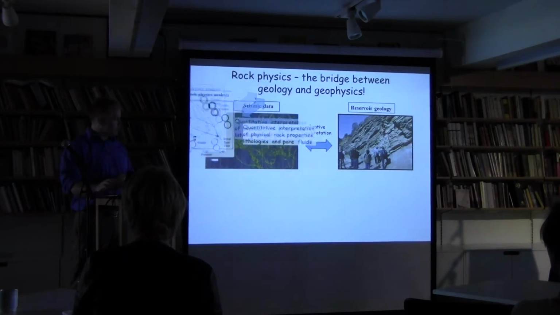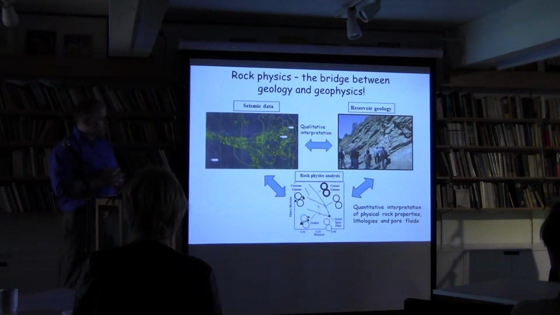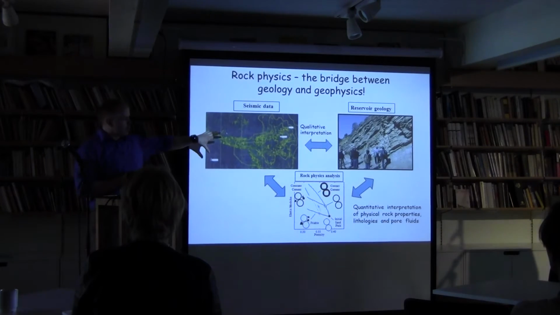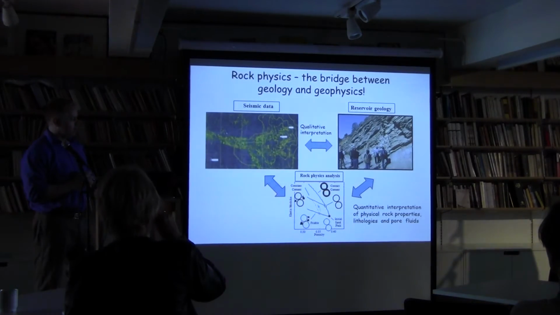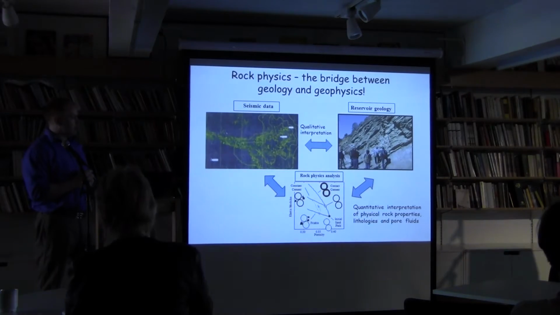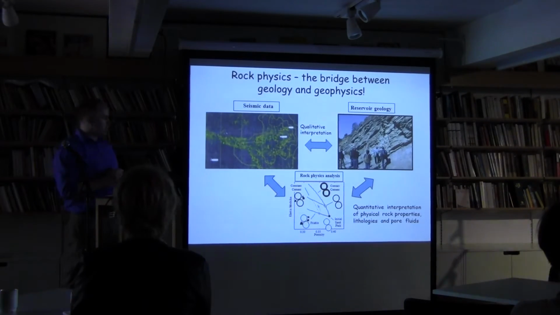But rock physics is really to try to go a little bit more quantitative, to establish a link between what we see in the seismic and what we see in the outcrops. Quantitative interpretation of physical rock properties, lithologies, and pore fluids.